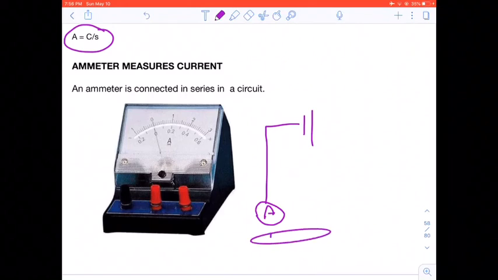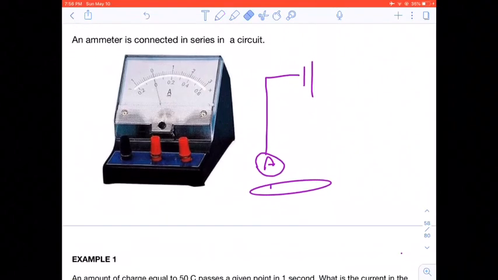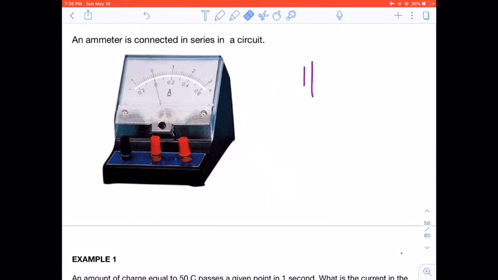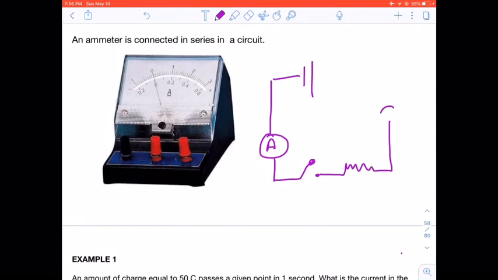We have our ammeter here, and we have our switch, and our resistor there, and our ammeter again.